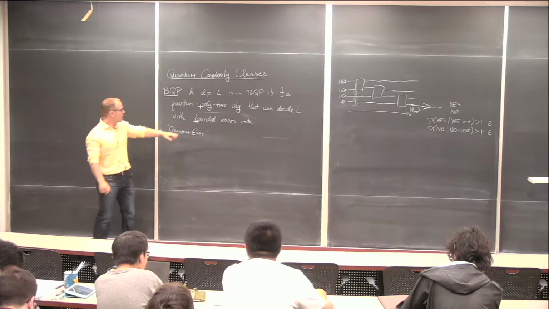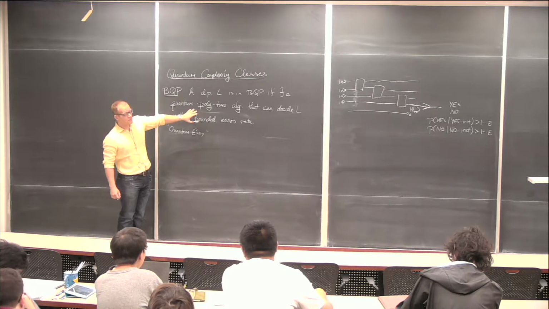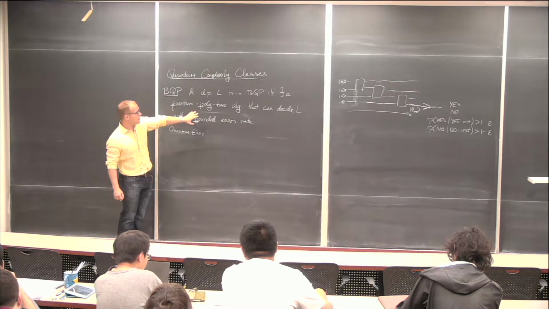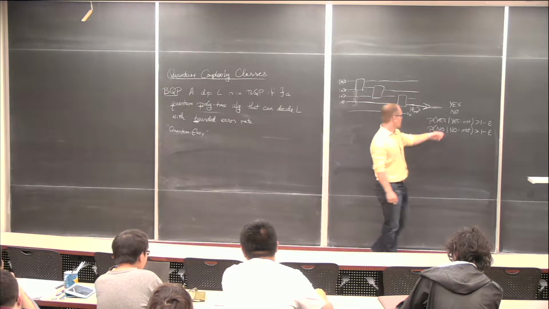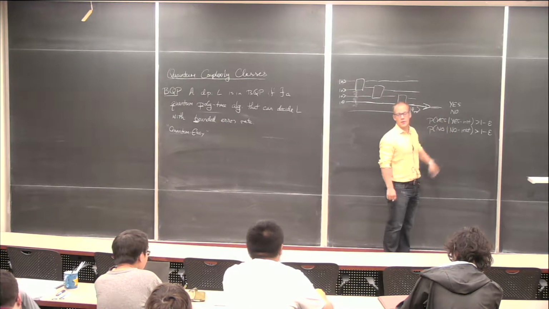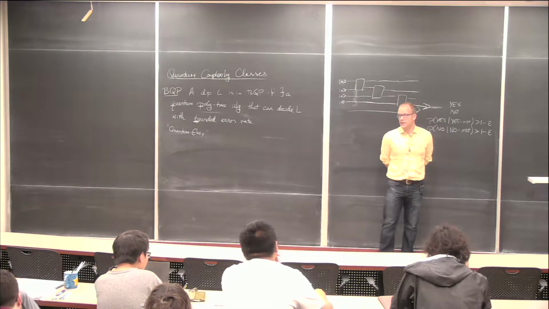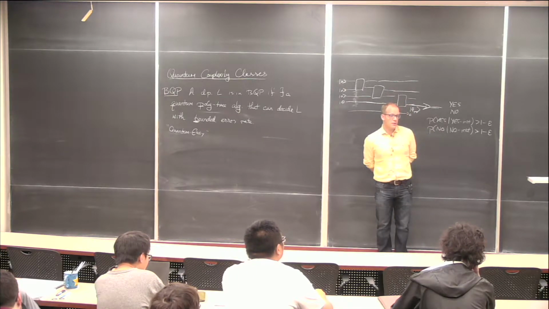But actually, so long as the bound, this epsilon, needs to be greater than a half plus delta. I mean, if it's a half, you're screwed, right? But delta is at least 1 over a polynomial in the input size. So it can be just a tiny bit better than a half.